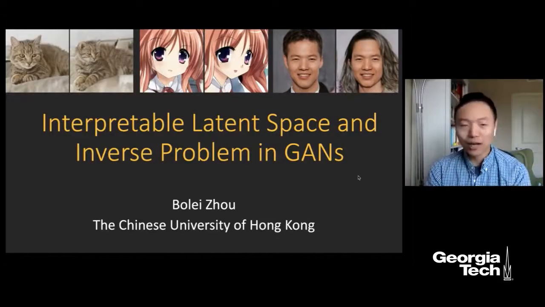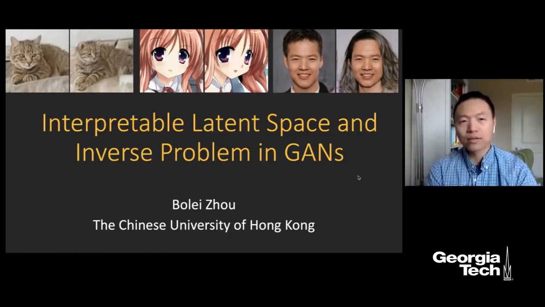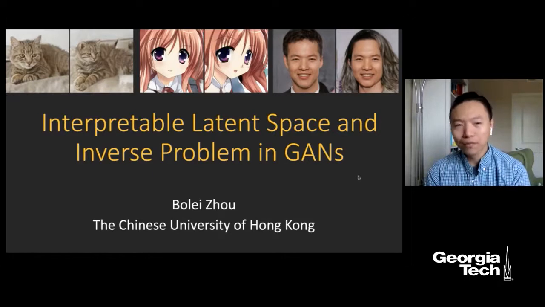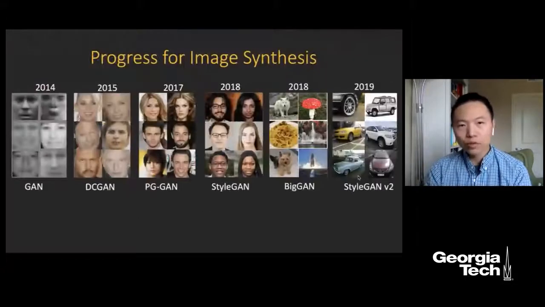Today I would like to talk about a series of work in my group on the interpretation of deep generative models. I will talk about the interpretable latent space and the inverse problem in GANs. Over the years, we have seen great progress in the field of image synthesis. First, in 2014, the GAN came out.